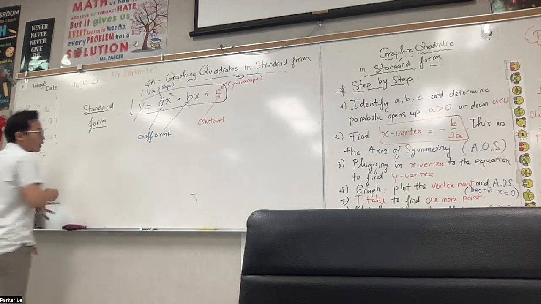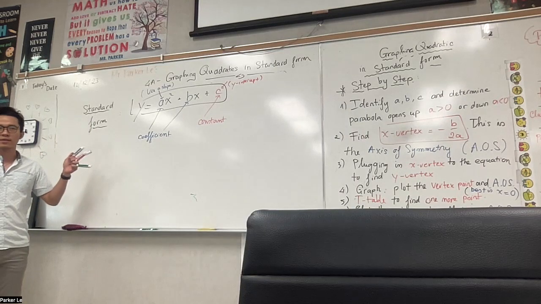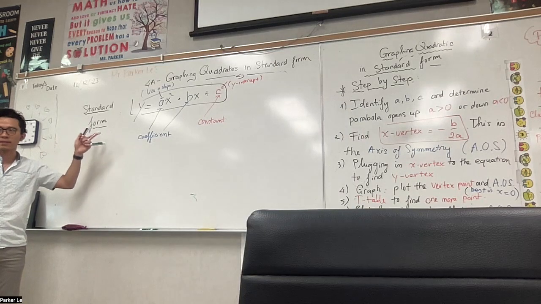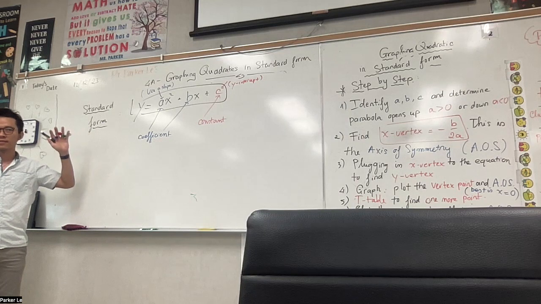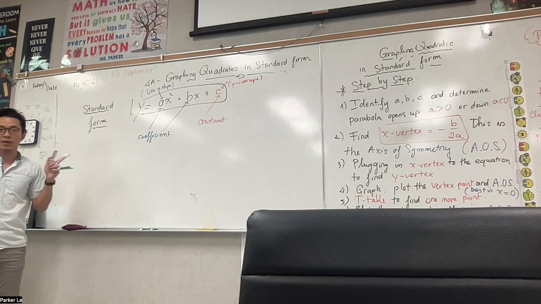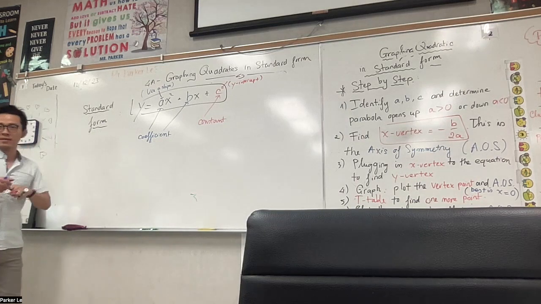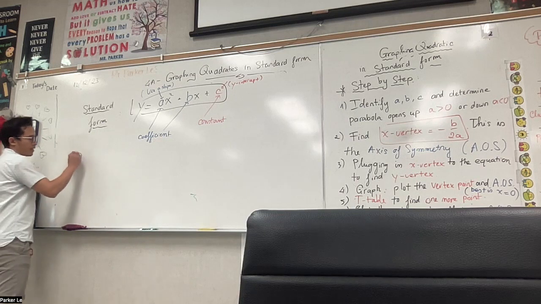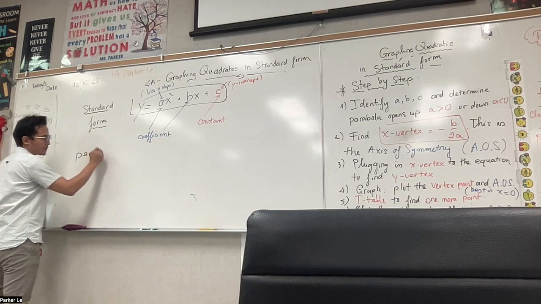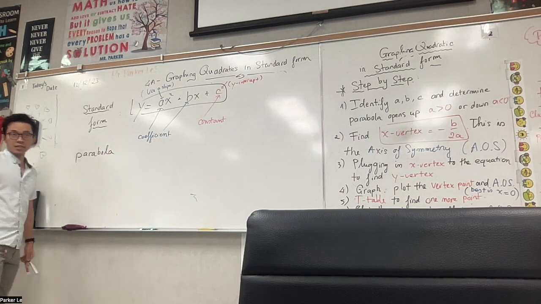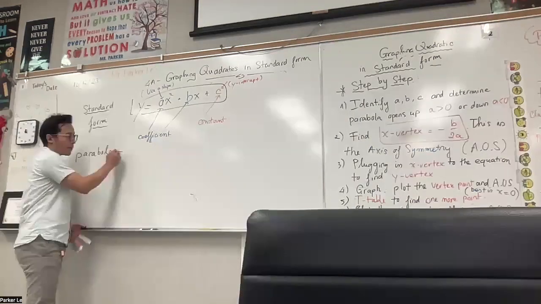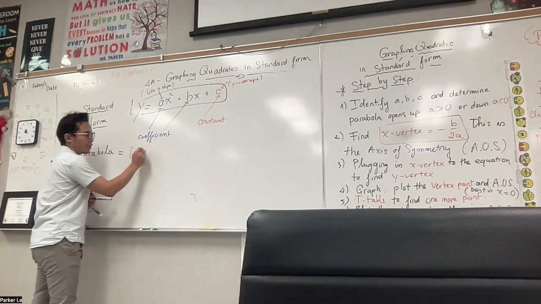Okay. Who knows what shape this is? How many of you have heard about quadratic functions? Do you know what shape it looks like? It is a parabola. Parabola is a U shape.